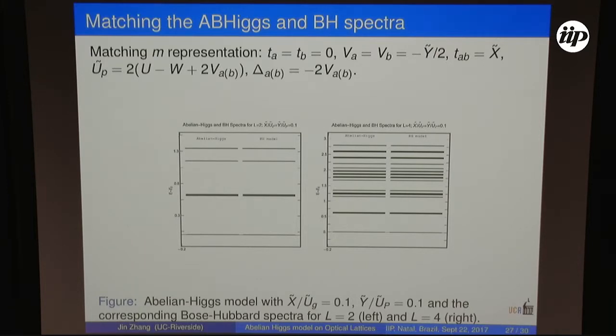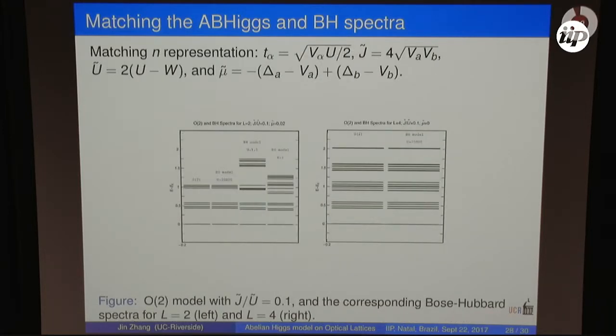This is for the first one, the Abelian Higgs model, not the O2 one. We compare the energy spectrum and find that the two-species Bose-Hubbard model matches the spectrum very well, and for the O2 model, we also find good matches for the spectrum.